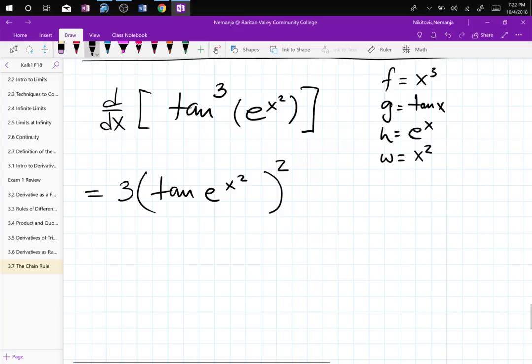Now, we have times the derivative of tangent, which is secant squared of e to the x squared. Nice. Times the derivative of e to the x squared. What is the derivative of e to the x squared? E to the x squared. Good. And then times 2x. Beautiful.